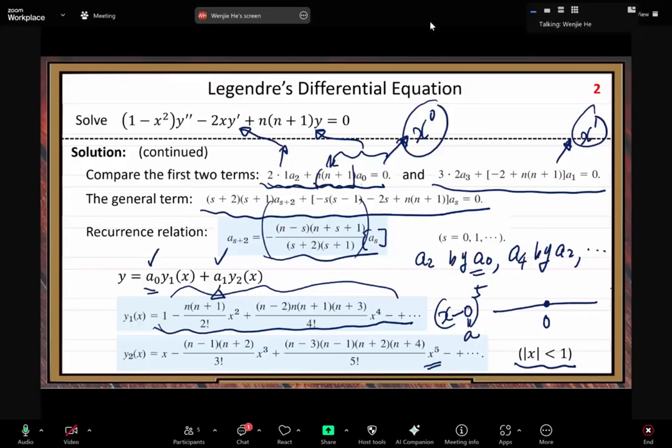So our convergence radius here is 1. This tells us that in this interval it is convergent. If it's not in this interval, it's not convergent.